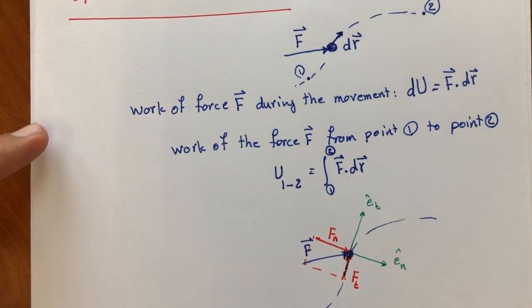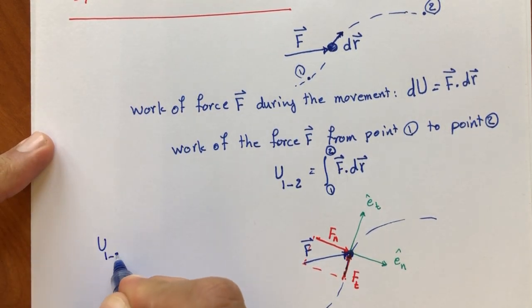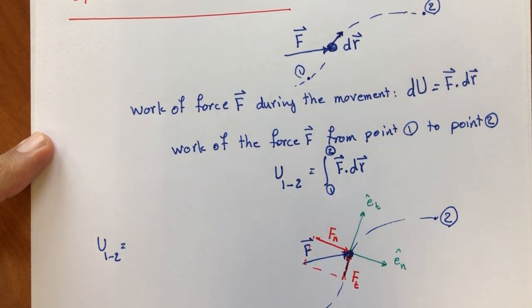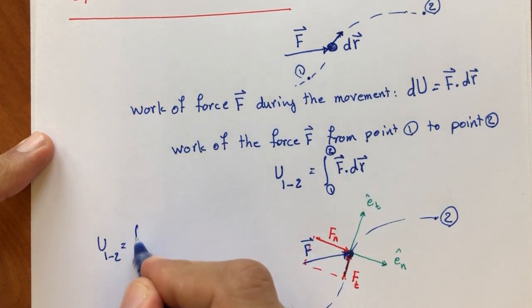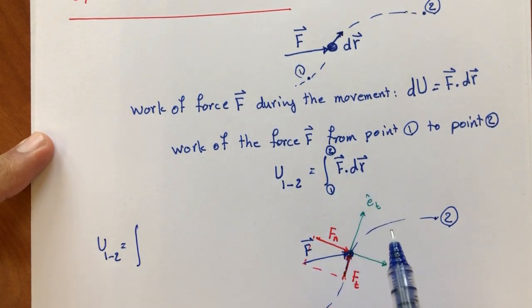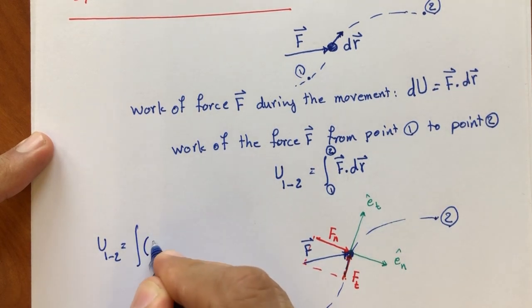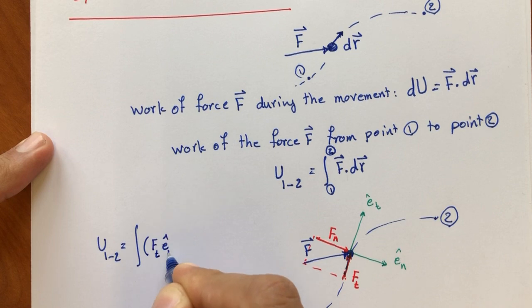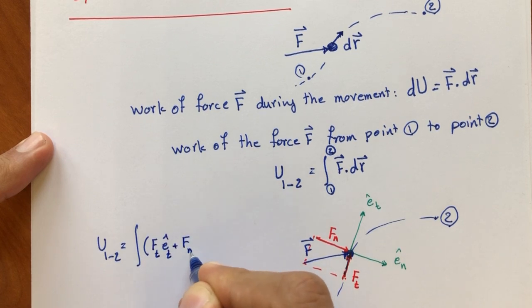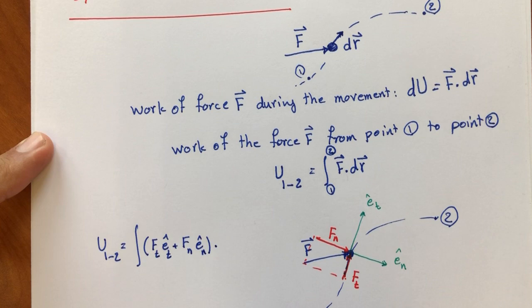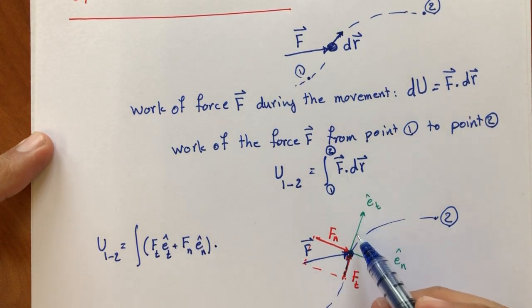then the work from 1 to 2, let's say this is point 1, this is point 2, based on this equation is going to be F dot dr, and we can write F as Ft in the et direction plus Fn in the normal direction, dot product with dr. The displacement is always in the tangential direction.